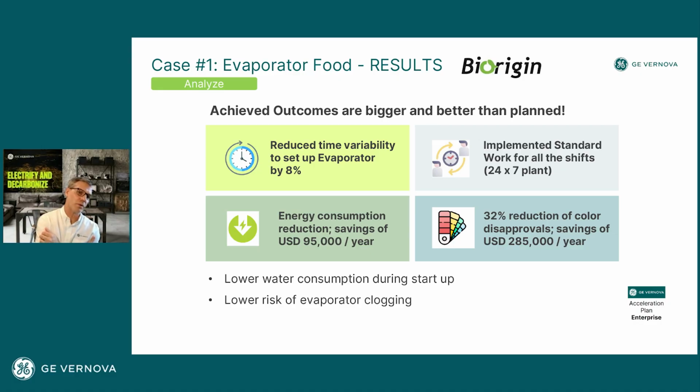In doing so, they were able to reduce variability in their setup and startup time of their evaporators by 8%, with significant and measurable savings year over year for them, which you can see here on the screen.